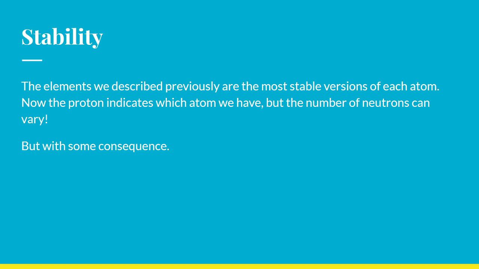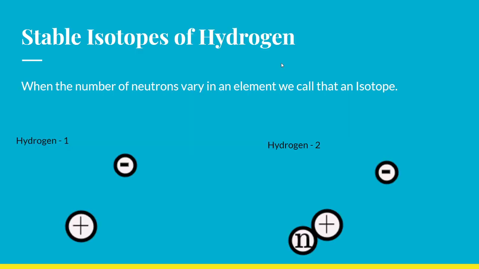The same with every element. Let's take a look at hydrogen. Hydrogen, as we previously saw, had no neutrons. Usually it has no neutrons, but it can have 1 neutron in its nucleus. And we call this hydrogen 2.